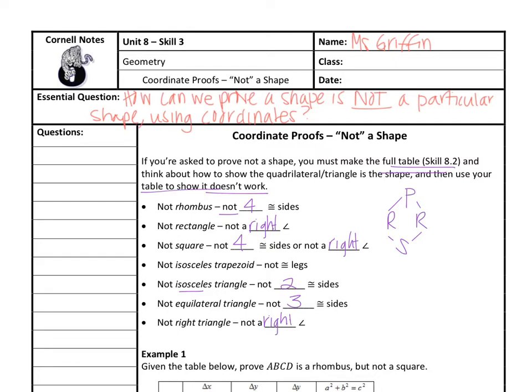Now you're maybe wondering, well, how do I get not things? So let's talk off to the side. If you want not a right angle, well, right angles come from perpendicular lines, so you want no perpendicular lines. And perpendicular lines have certain kinds of slopes. Perpendicular lines have opposite reciprocal slopes, so we want no opposite reciprocal slopes.